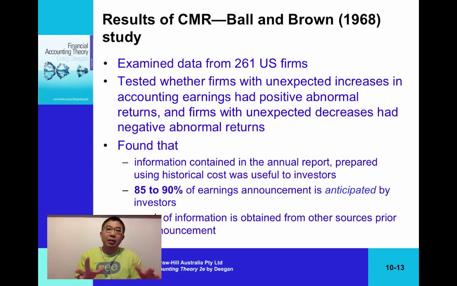And how we do that is that we look at abnormal earnings and compare it with abnormal returns on the share price, the change in share price. So in other words, we look at the correlation between earnings that are not anticipated, so the additional excess earnings that is not anticipated, and compare it with changes in share price that is as a result of these unexpected earnings. So we're looking at abnormal returns on share prices.